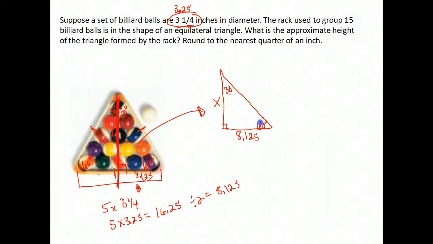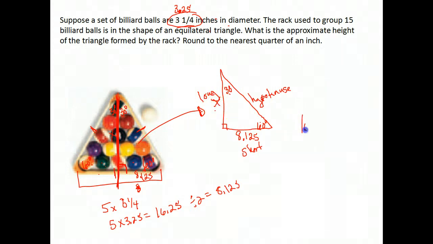Now this is a 30, 60, 90. The side I'm looking for, here's my hypotenuse, which right now I really don't need. That's not what I'm looking for. This would be my short leg. It looks shorter and it's across from the smaller angle. And here's my long leg. So I am looking for the long leg.